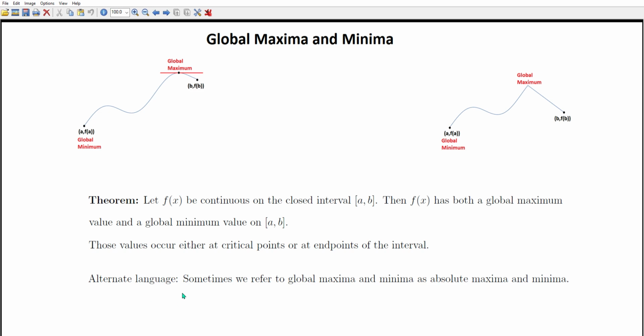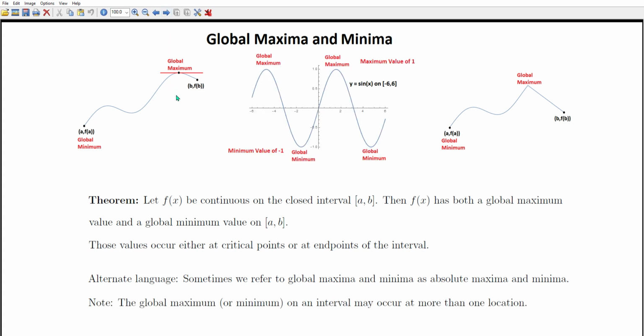Some more alternate language. Sometimes we refer to global maxima and minima as absolute maxima and minima. So the global maximum and the absolute maximum are exactly the same thing. Now, another thing to notice. There's one maximum value, but it might happen at multiple places.